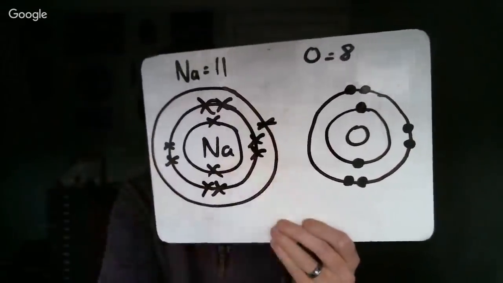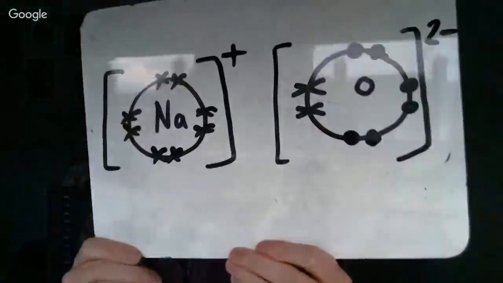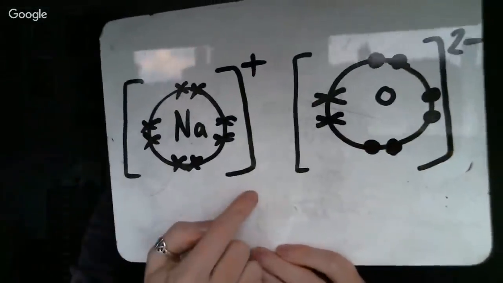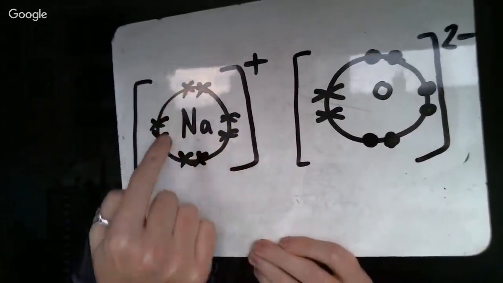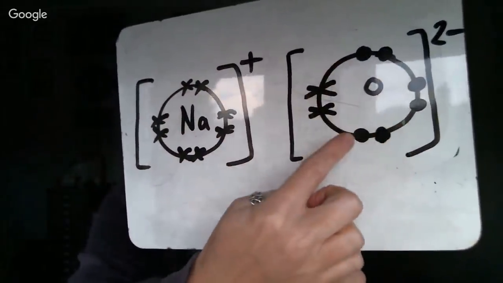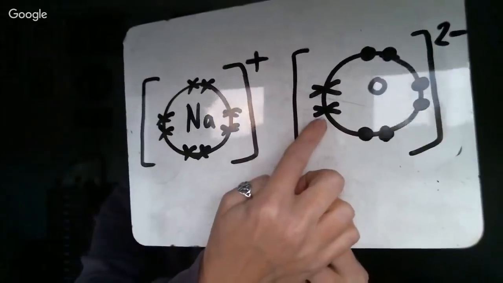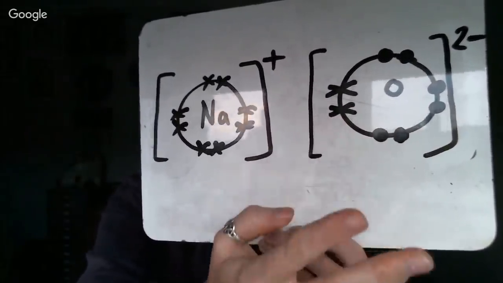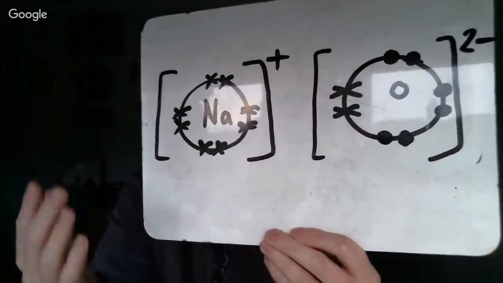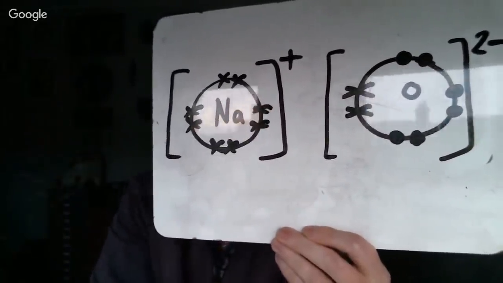So we start off with this, and then when we come to draw the ions, we put them into square brackets and show the charges. You can see we've got one with crosses, the other with dots, and those 2 crosses that came from our sodium, we stick with the crosses. Don't mix them up. They're called dot and cross because one has to be dot and the other has to be cross.